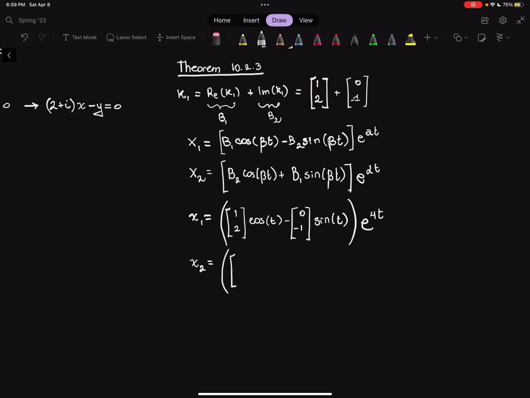Then we can write x2 by following this same process. But now we have b2, which is (0, negative 1), times the cosine of t, plus b1, which is (1, 2), times the sine of t, e to the 4t.